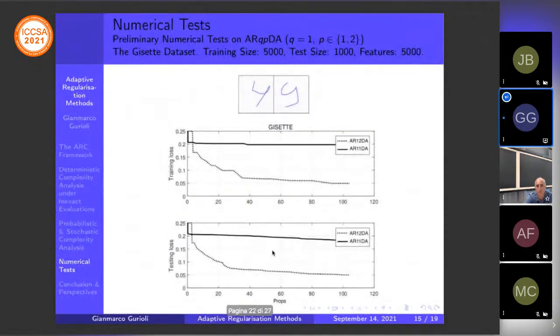A direct comparison between the first and the second order version of the method on the GZ dataset to detect the highly confusable handwritten digits 4 and 9 suggests that the second order version is preferable when looking at the computational effort to decrease the losses and at the loss values at termination.